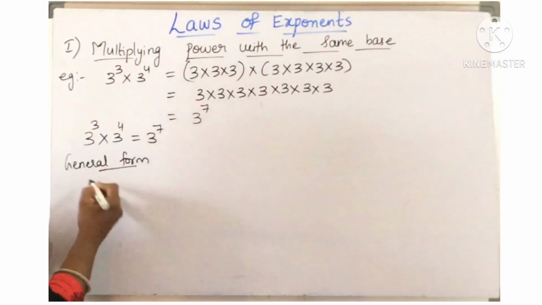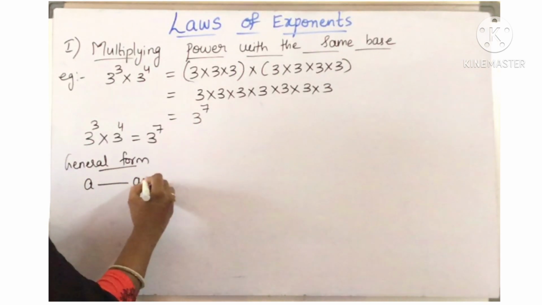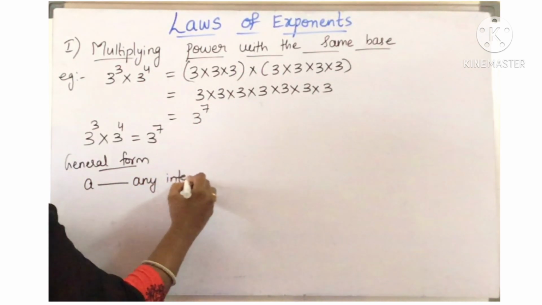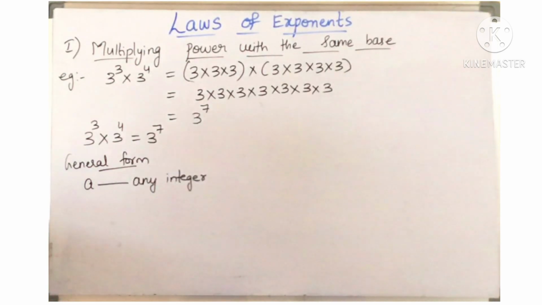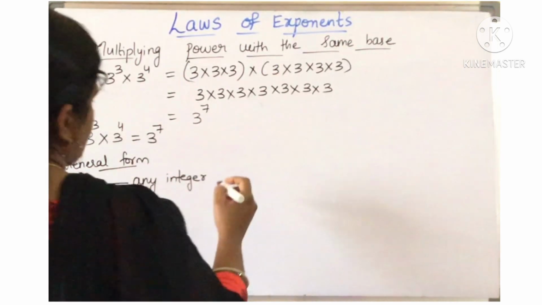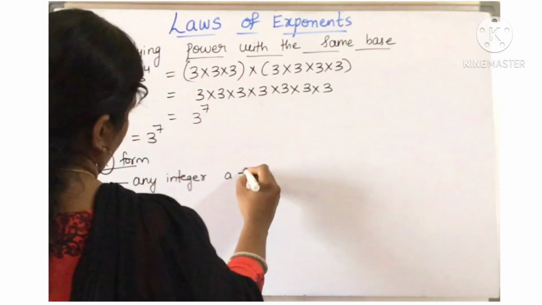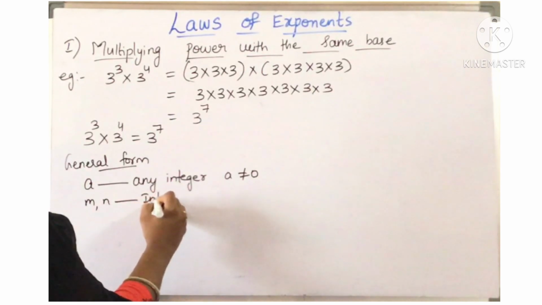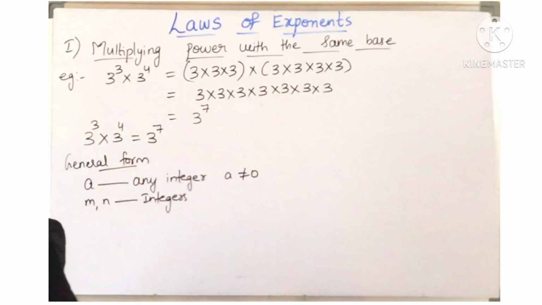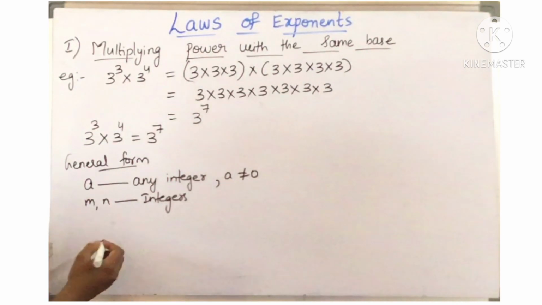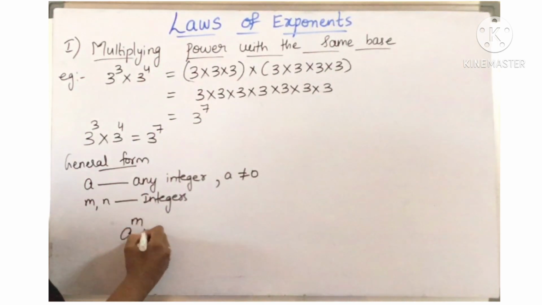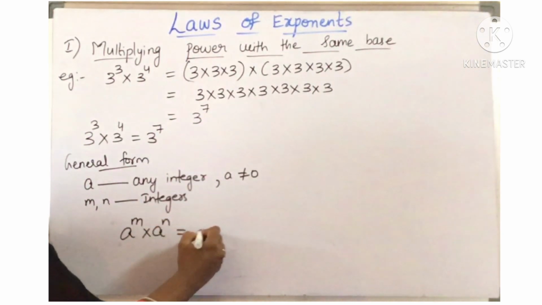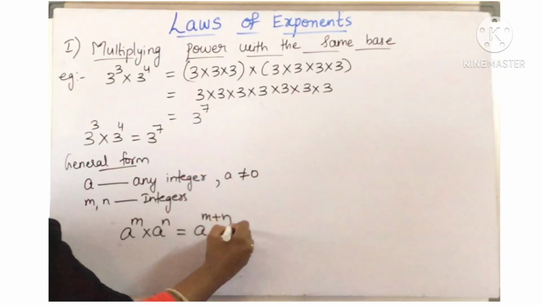Suppose a is any integer, but a is not equal to 0, and m and n are integers. So m and n can take 0 value. Generally we write a to the power of m into a to the power of n equal to a to the power of m plus n.